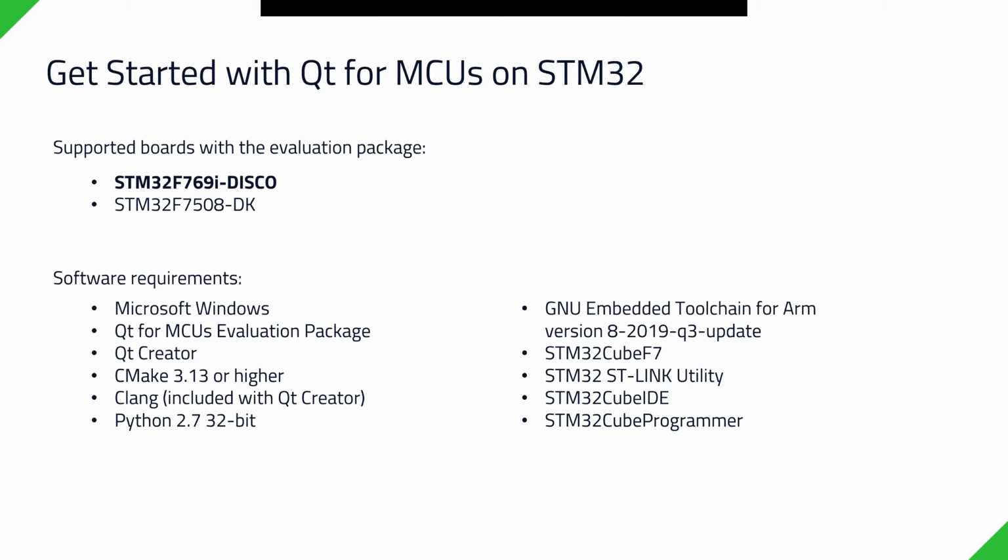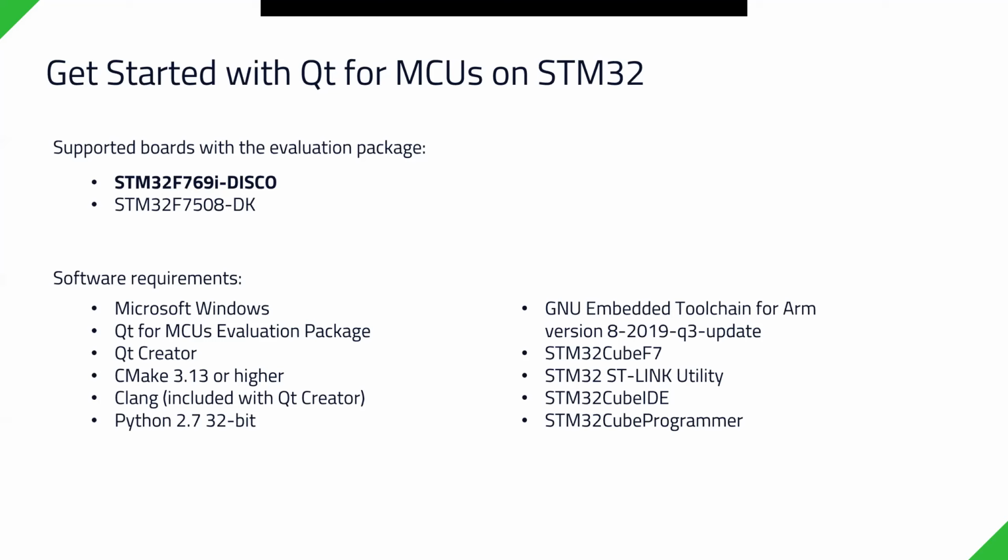Optionally, you can also get Qt Creator, our development environment. I'm saying optional because you could also just use command line tools or other tools, but all the steps I will show you today will be using Qt Creator. You will also need CMake, at least version 3.13.